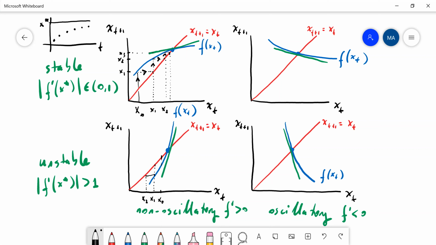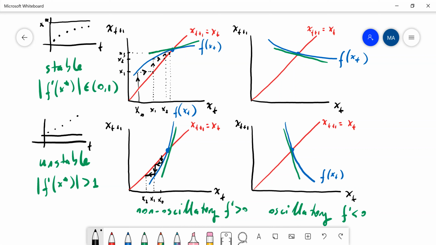So as you see, you move away from the steady state, but again in a non-oscillatory way. So this is the steady state, you are here, then you move away from the steady state. There's no oscillation.